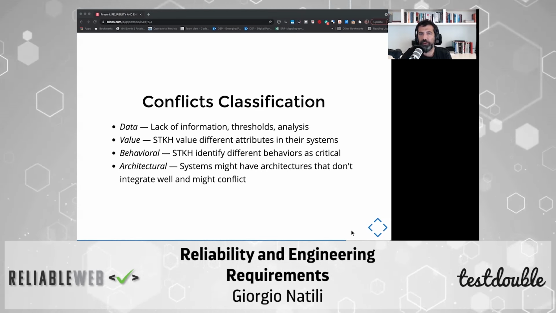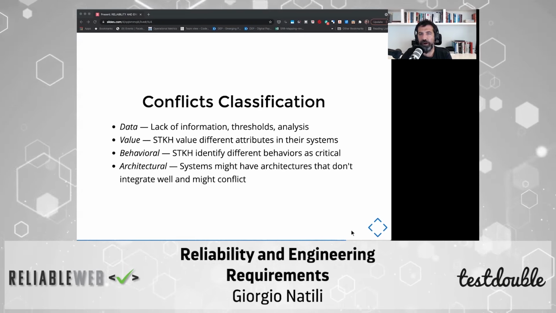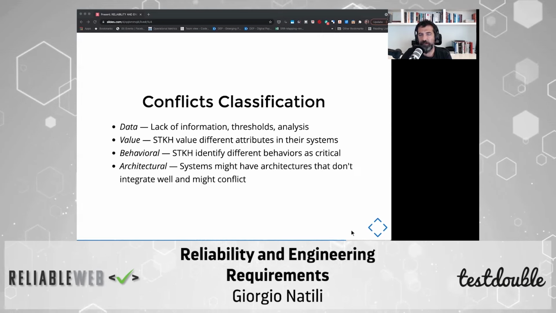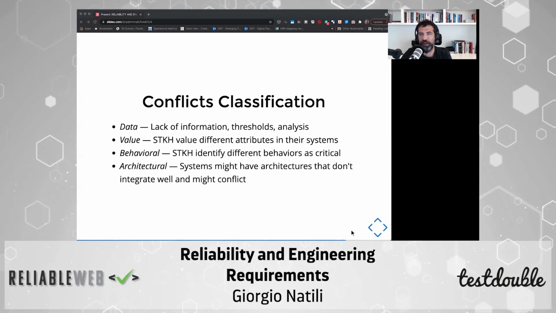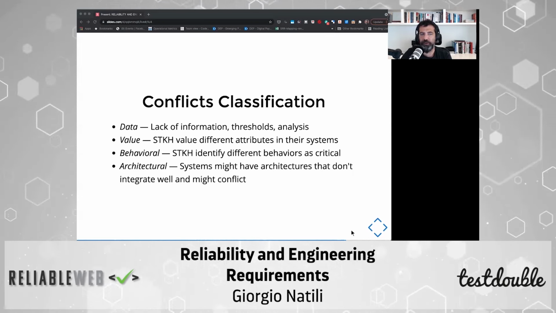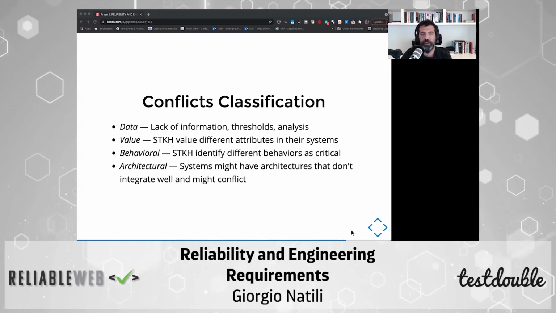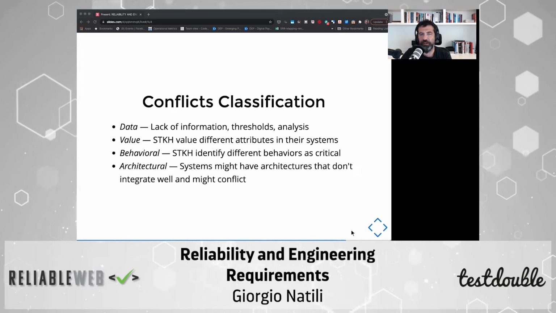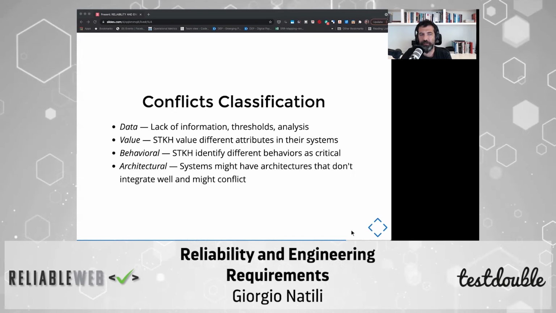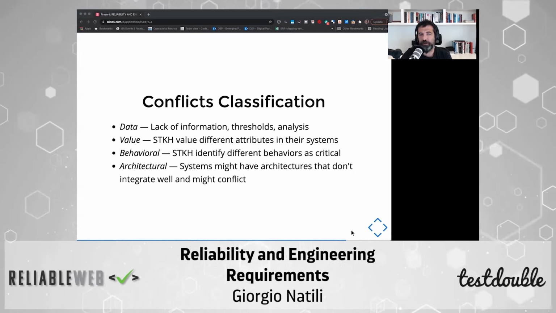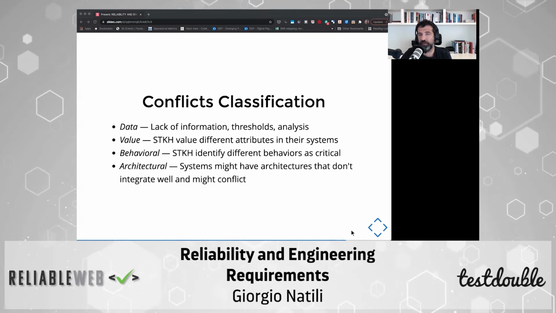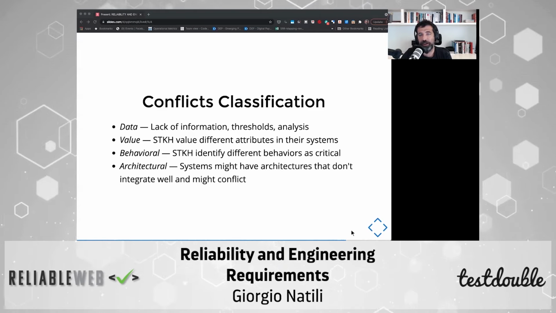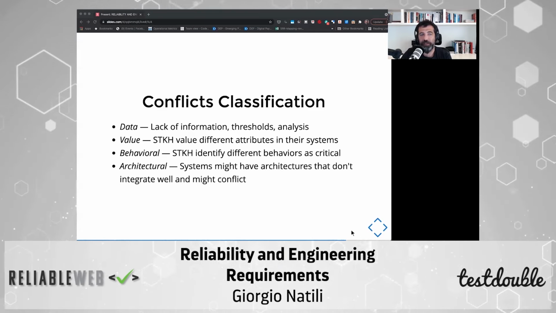You should classify your conflicts to better understand where your requirements need to be improved. The four main buckets that I use to classify my conflicts are around data, value, behaviors, and architecture. Of course, data are lack of information, threshold analysis that are partial or outdated. Value, some stakeholders may value different attributes in the system, reliability versus resiliency, or reliability versus availability.